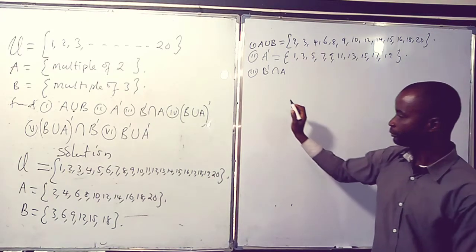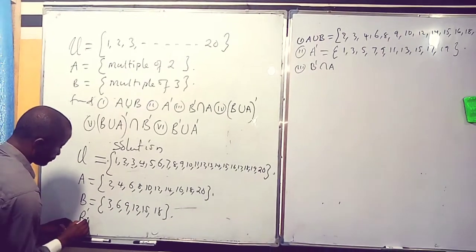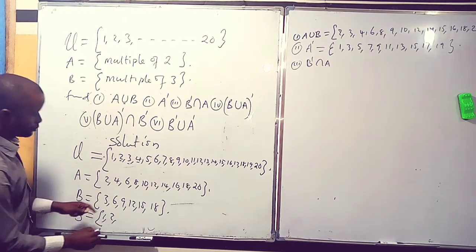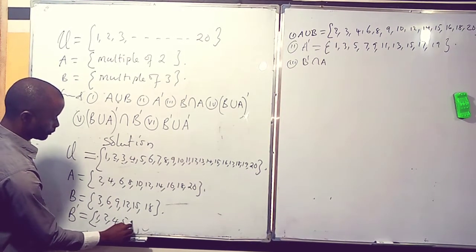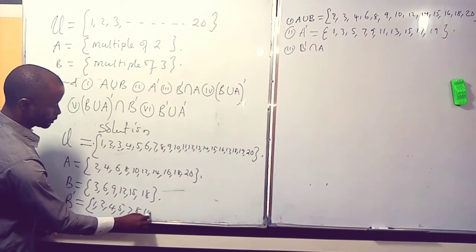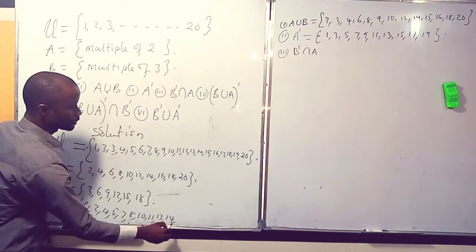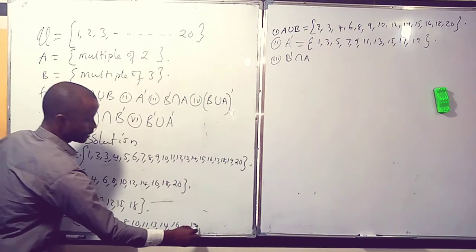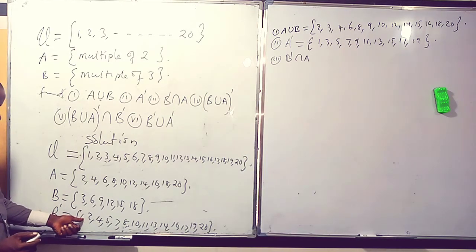B prime equals 1, 2, 4, 5, 7, 8, 10, 11, 13, 14, 16, 17, 19, and 20. That's the B prime.